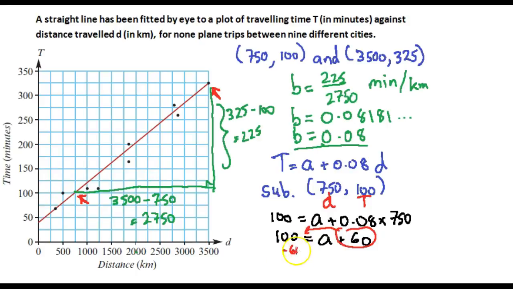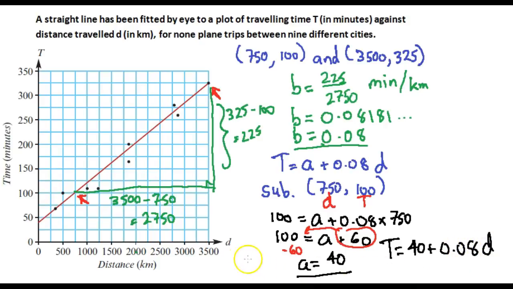And we can see, as we estimated before, the y-intercept or the T-intercept is 40 minutes. I wonder what that physically means. It may not have any meaning in this problem. So our model is T equals 40 plus 0.08 d.